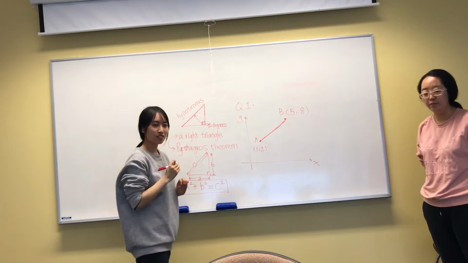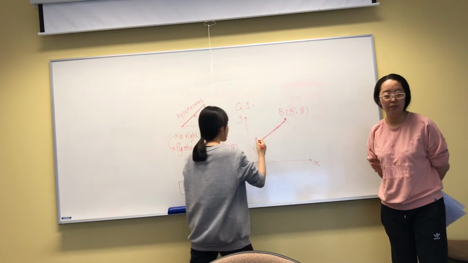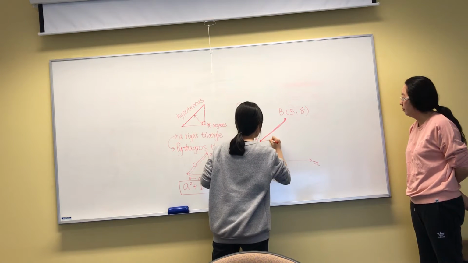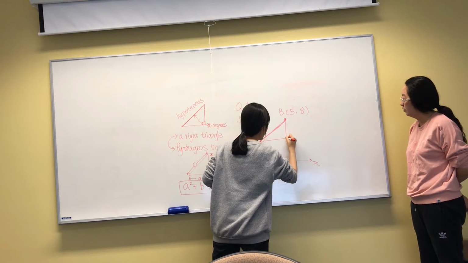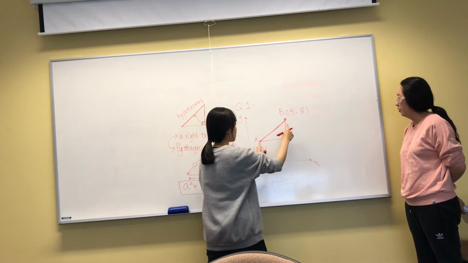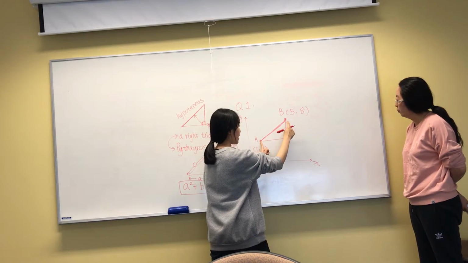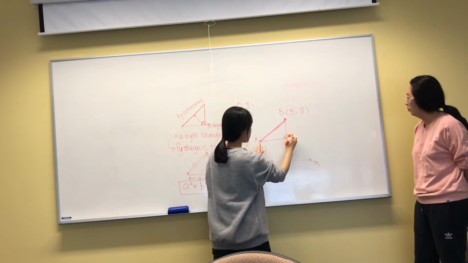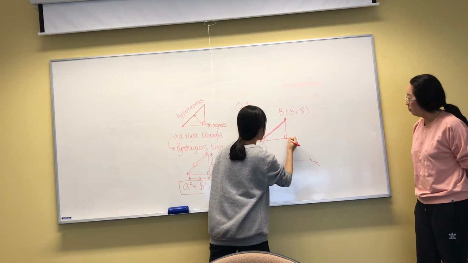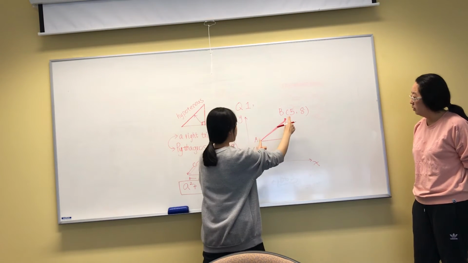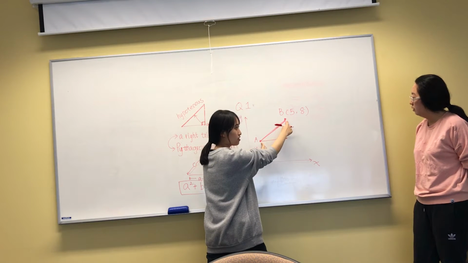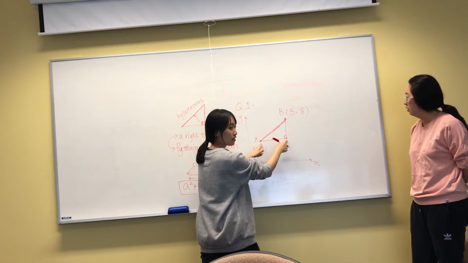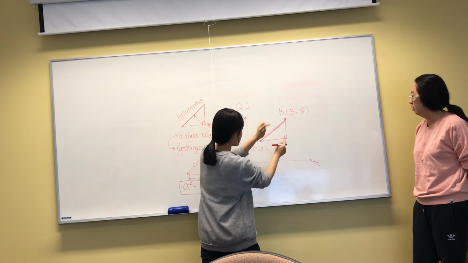Okay, yeah, good. Yes, very good. So what I'm going to do is draw a right triangle where the hypotenuse connects point A and point B. So this is the hypotenuse of this right triangle. So how can we work out this distance? We simply need the distance of this side and this side.